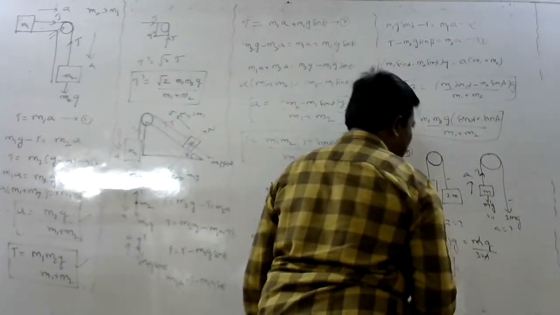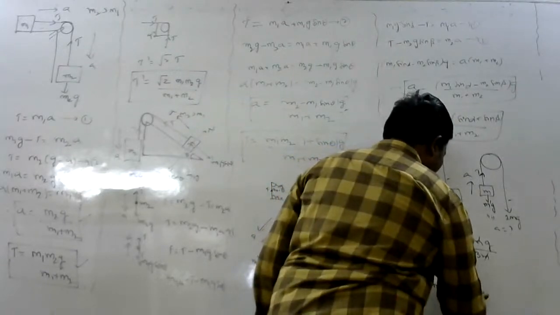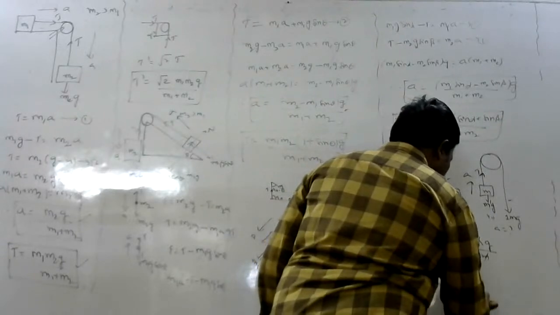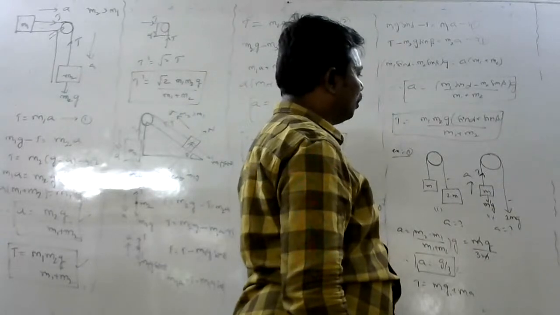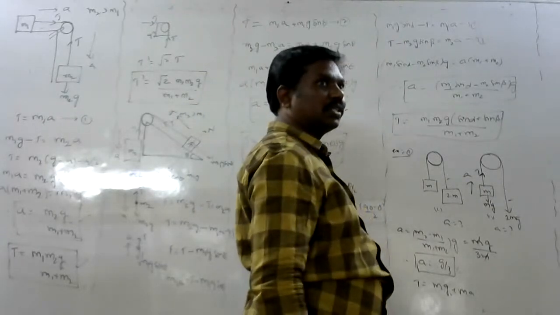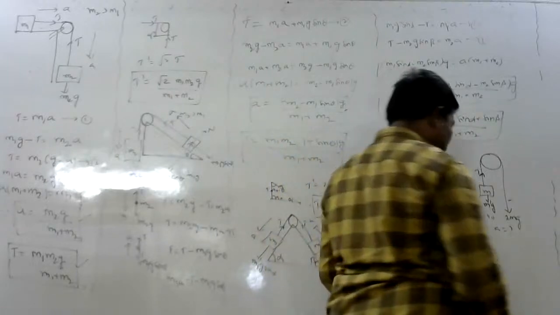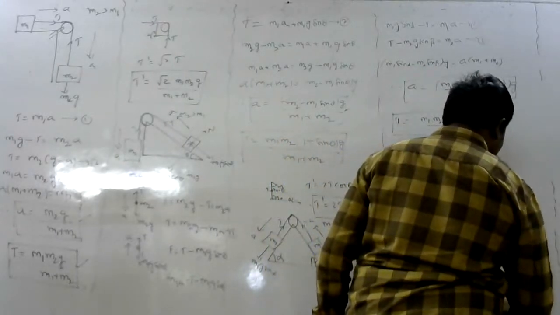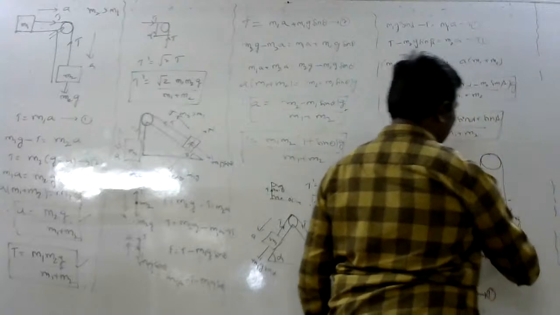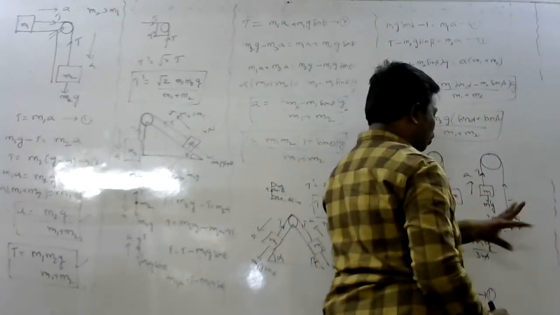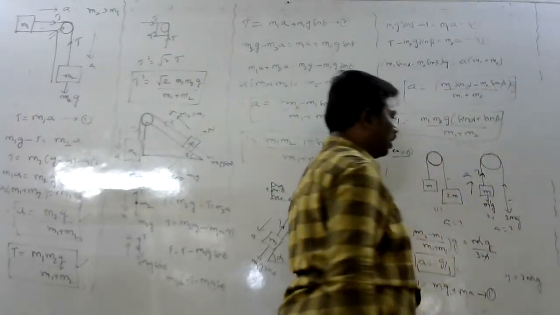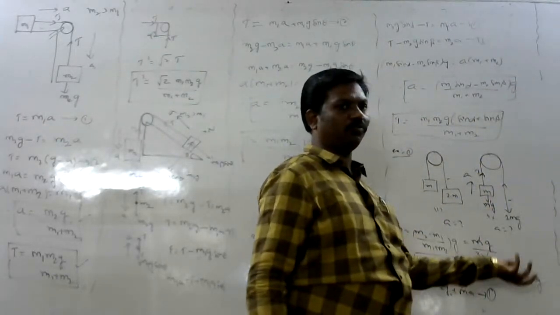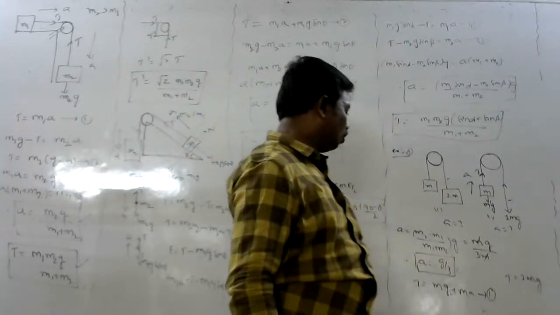So tension T is equal to m into (g plus a), or mg plus ma. This is equation 1. And in this one, tension T is equal to 2mg, the pulling force.